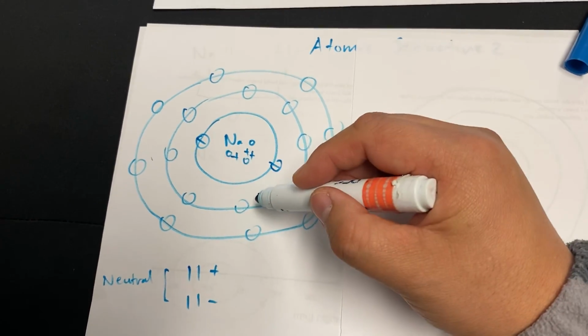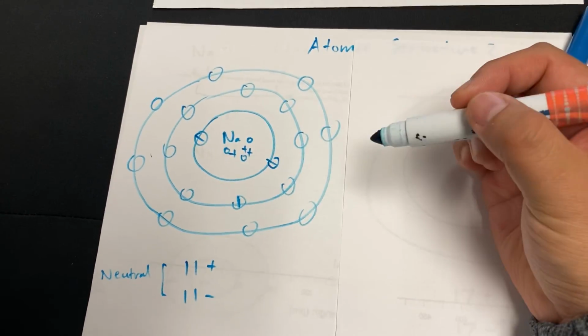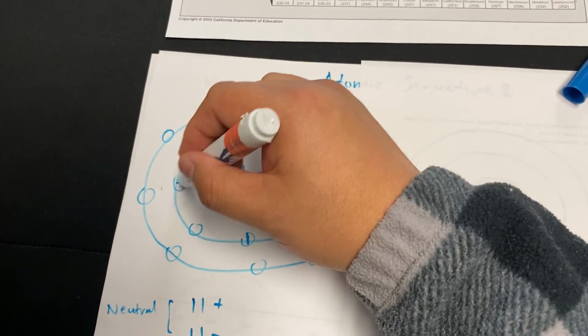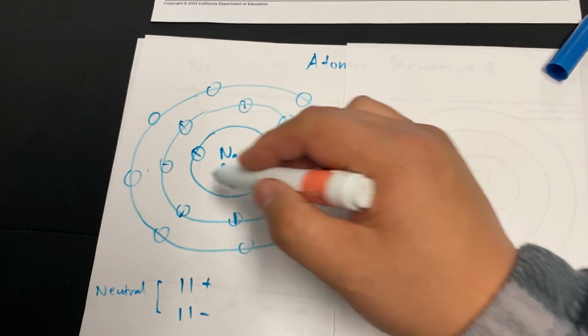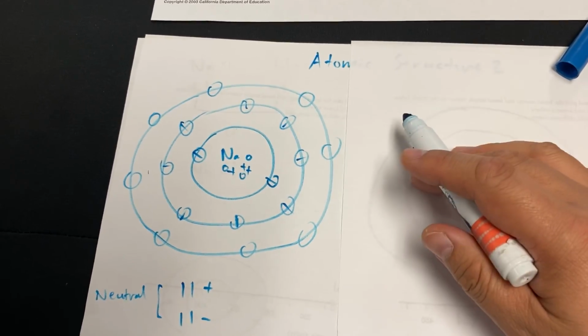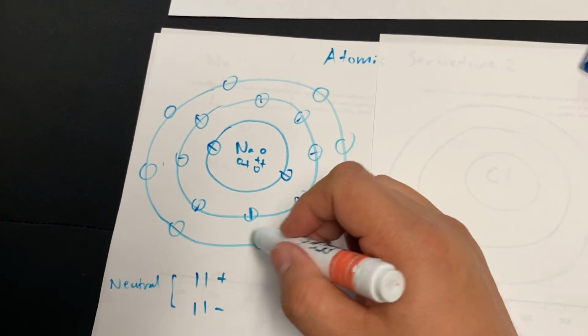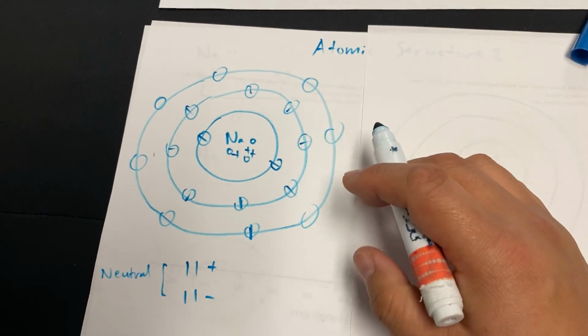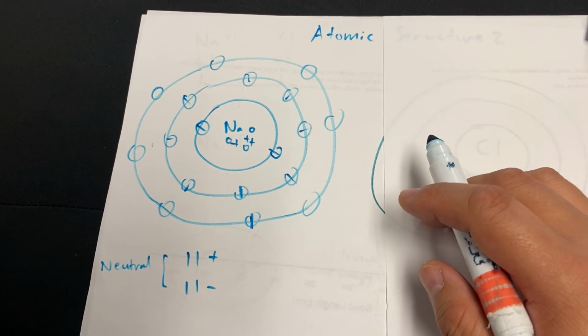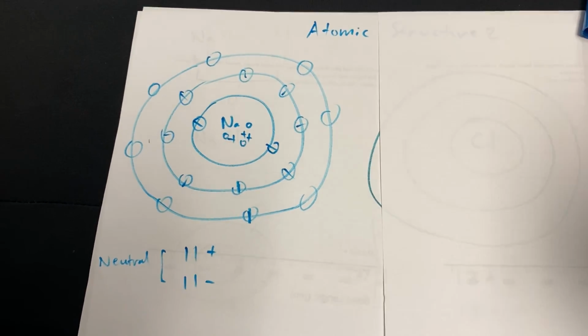So the third electron will jump to the second ring, as well as the next 7. We're now at 2 on the first ring and 8 on the second ring. That's 10. For the 11th one, we have to jump up to the third ring because there's no more space left for that 11th electron. That's how you plug in for sodium.